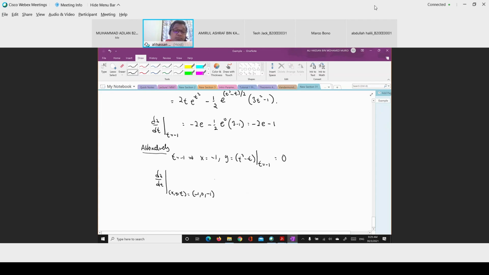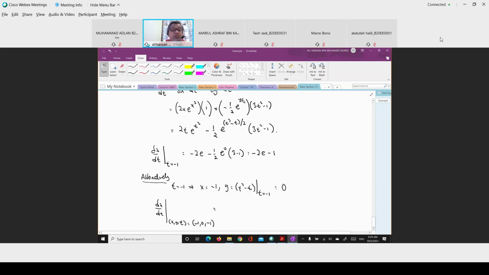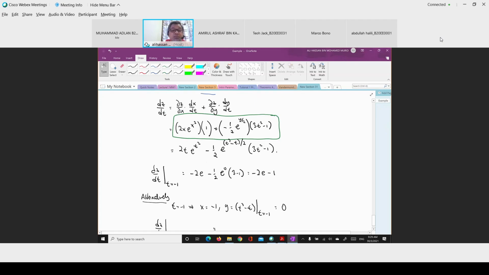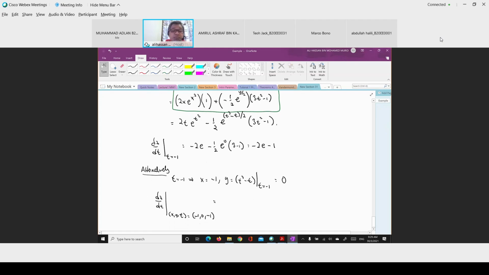What is dz/dt that we have found? We can use dz/dt in this form. You can also use dz/dt in that form involving x, y, and t.